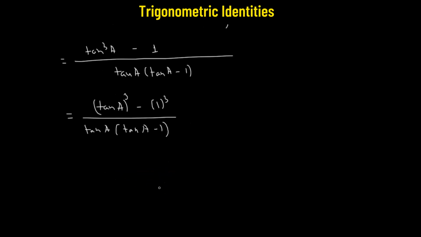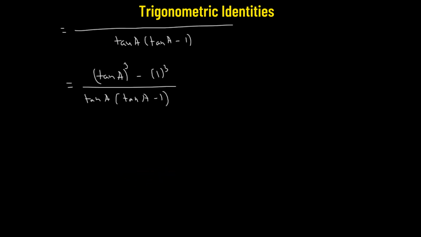The whole reason we are expressing the numerator in the form tangent of A whole cubed minus 1 cubed is because we know the identity a cubed minus b cubed is given by a minus b whole multiplied by a squared plus ab plus b squared.